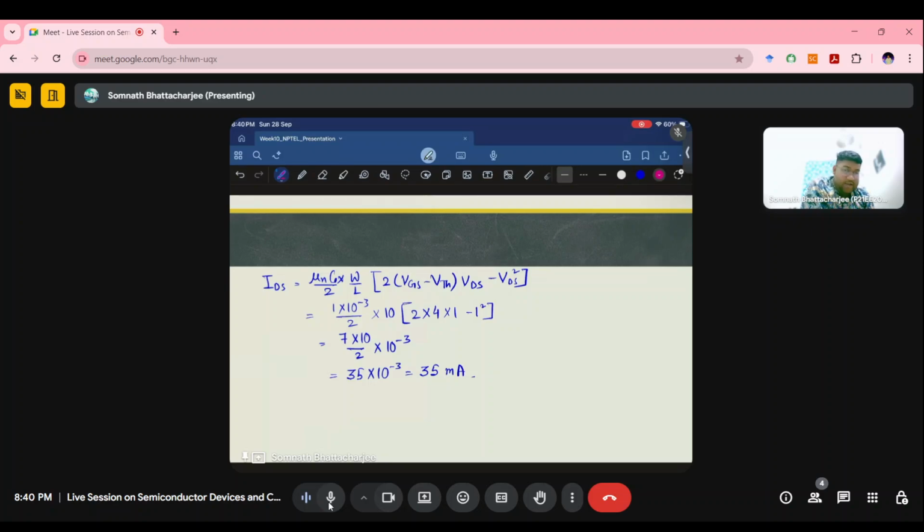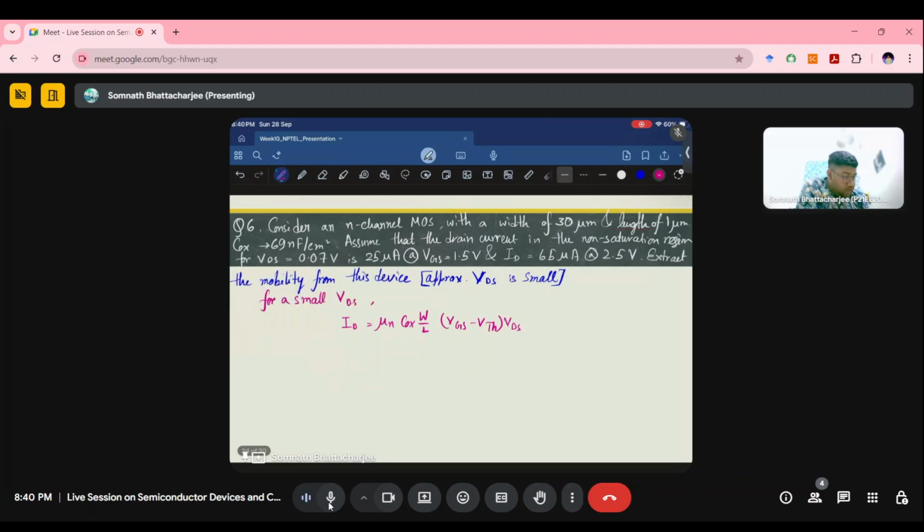As VDS is small, VDS square will be much smaller than this, so we can omit that part. So we'll get one equation for this, and one equation for VGS of 2.5 volts. We equate both and we'll get the value of the mobility. So try to do this.